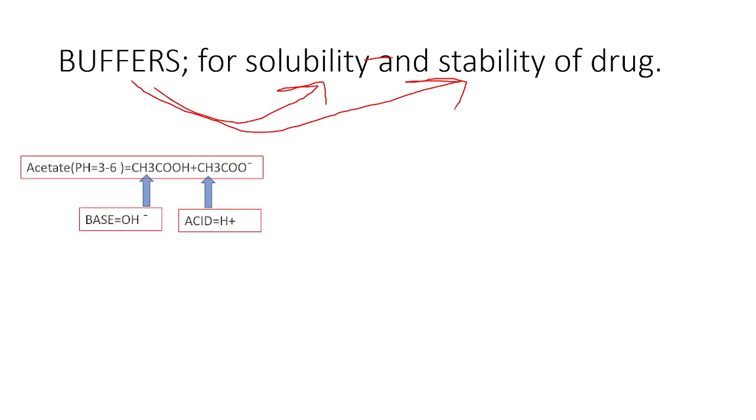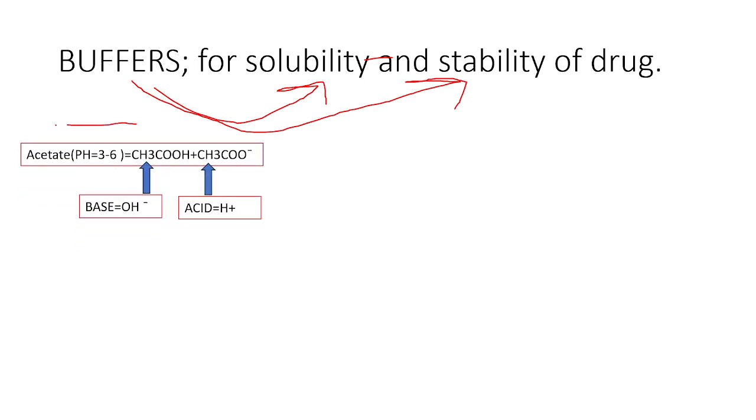Next one is buffers. See, why are we using buffers? To increase the solubility of the drugs at a particular pH. Buffers are used to maintain the optimum pH of the parenteral solution, which is responsible for the solubility and stability of the drugs. What are the different buffers? Acetate buffer.